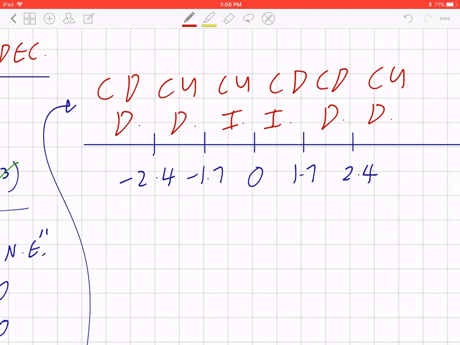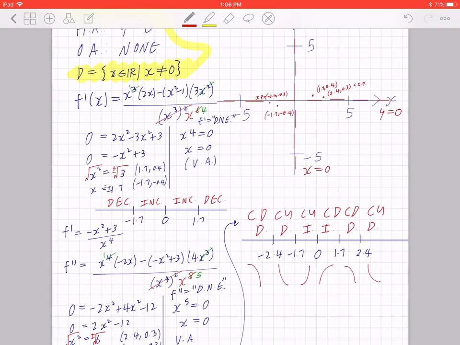Here we go. If it's going to be concave down and decreasing, it's going to look like that. Concave up, decreasing, concave up, increasing, concave down, increasing, concave up, concave down, increasing, then concave down, decreasing, and concave up, decreasing. So if you connect them, here's what happens.